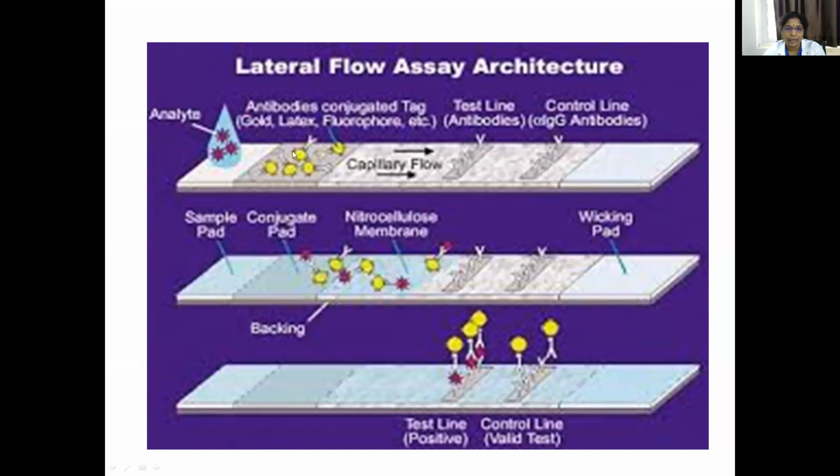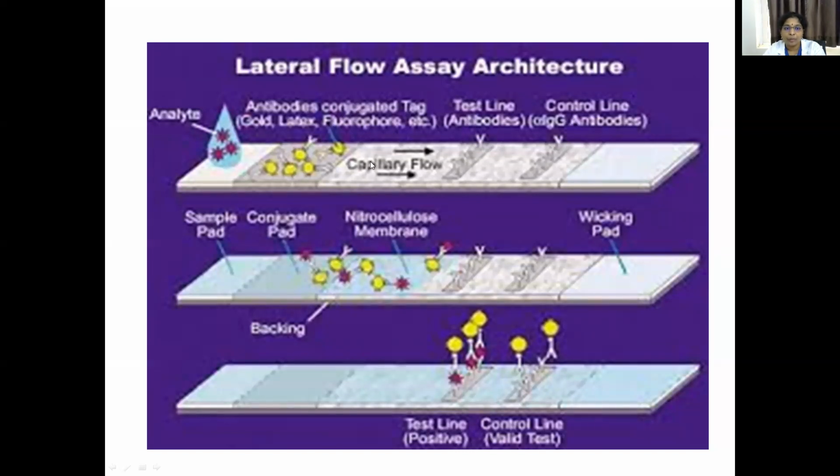That is called a labeled antibody. Here the antibody is labeled with gold colloid. In the test line, only antibody is present. And in the control line, what is present? Antibody, called the internal control IgG antibody.